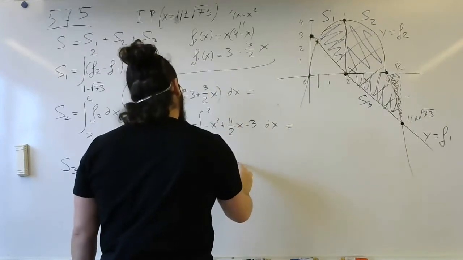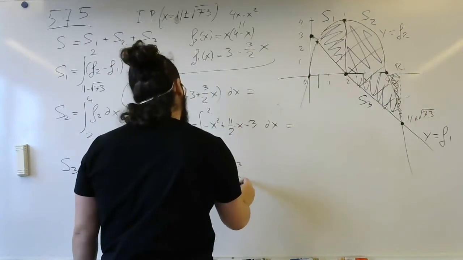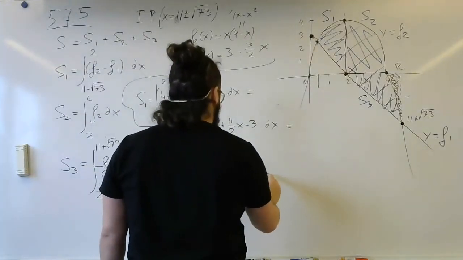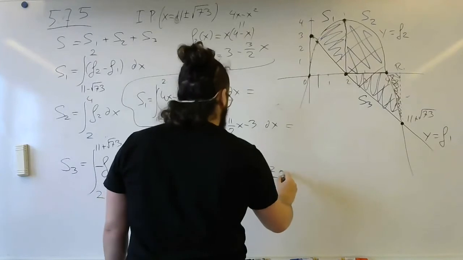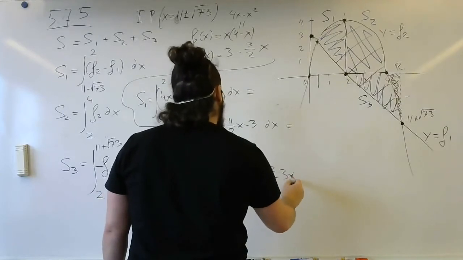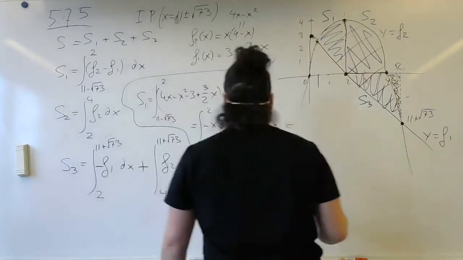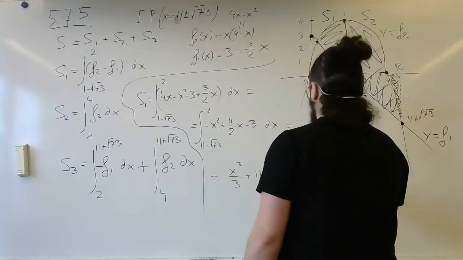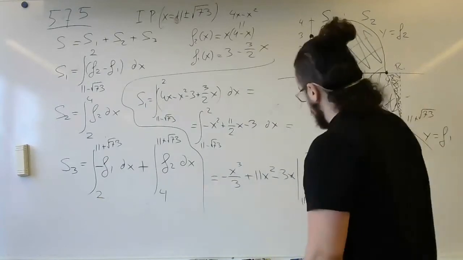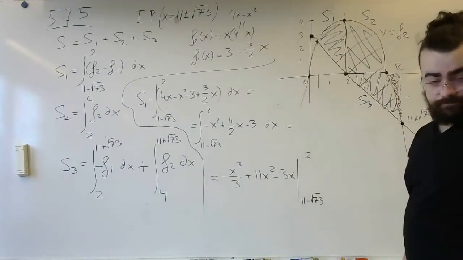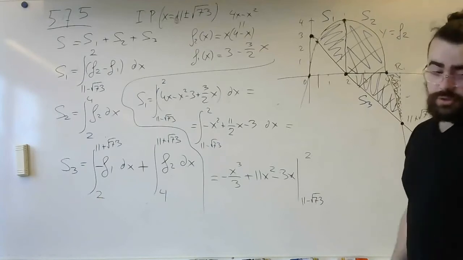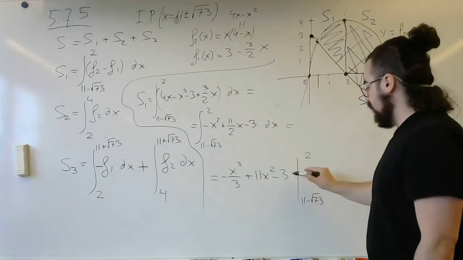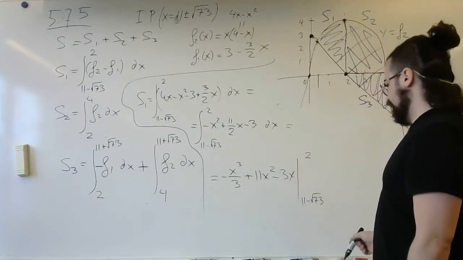This is minus x cubed over 3. This is 11x squared over 4. And this is minus 3x. And this is evaluated between this thing and this thing. I'm not going to calculate it. You can grab a calculator or Wolfram Alpha, Mathematica or whatever and compute this number.